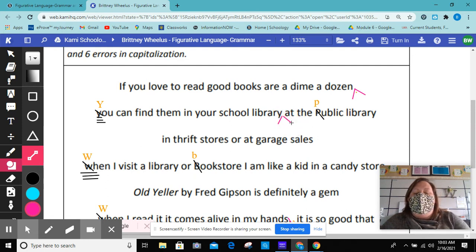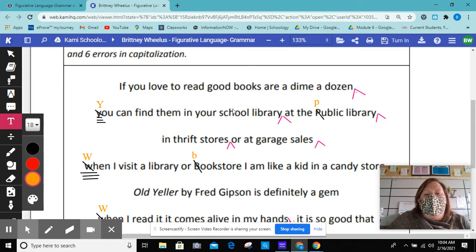At the public library, what needs to go after library here? A comma, we're listing things. All right, in thrift stores or at garage sales, what needs to go after stores? Comma. And what needs to go after sales? Period there.